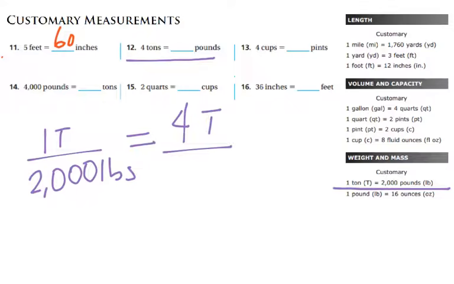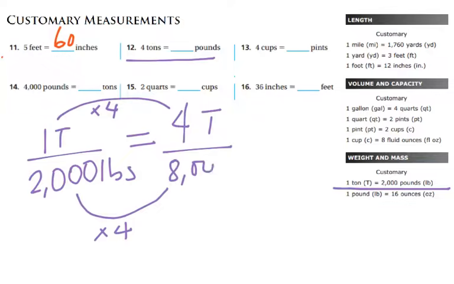So I'm figuring out how many pounds that's going to be. To get from 1 to 4, what did I have to do? I multiplied by 4. So I'm going to do the same thing to 2,000 pounds. Okay? Because I'm trying to go from 1/2,000 to 4/8,000. Just understanding that relation. So it would be 8,000 pounds. They didn't give us much space to write this.